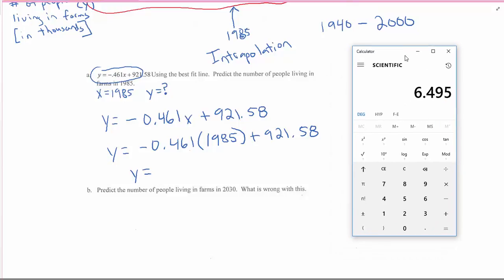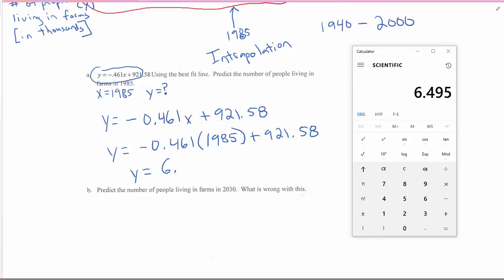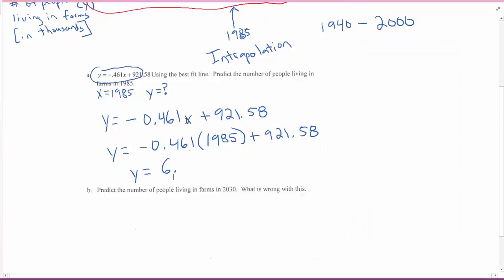So we get a y value of approximately 6.495. The unit here is in thousands, so this would actually be 6,495 people living on farms.